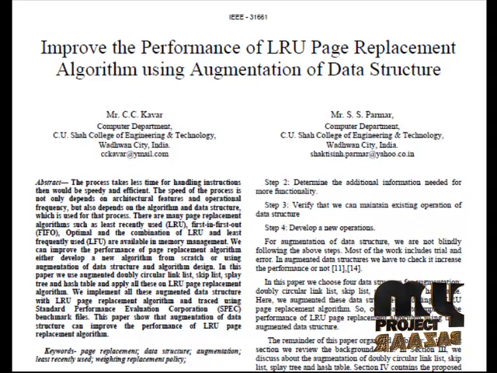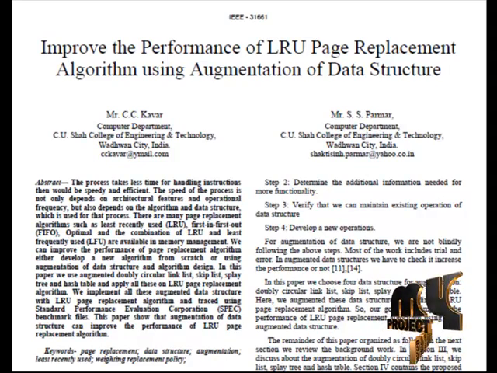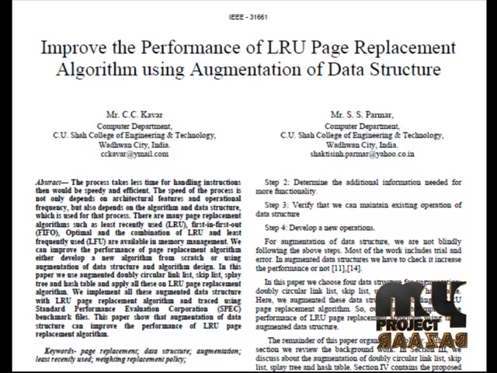Now let us look at a second hardware LRU algorithm. For a machine with n page frames, the LRU hardware can maintain a matrix of n by n bits, initially all zeros.